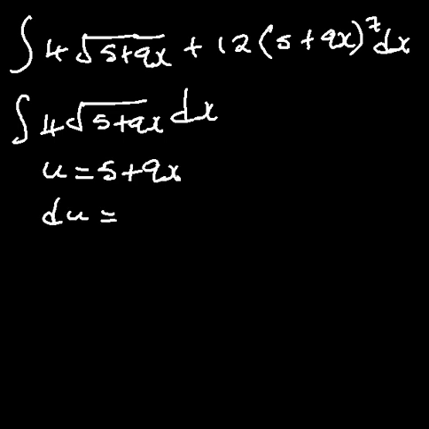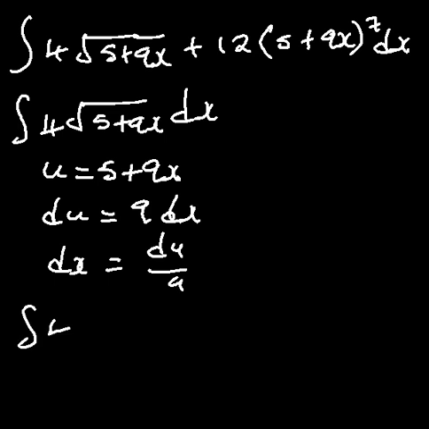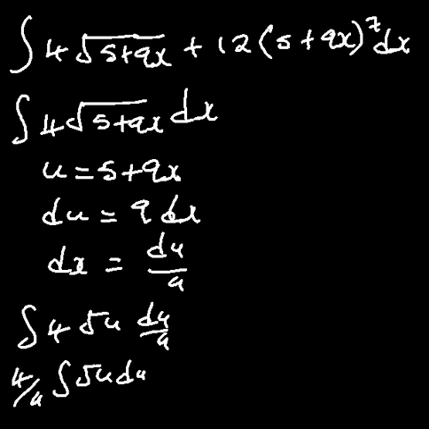And what is the du? We have it as 9 dx. And what is the dx? We'll have it as du over 9. So we'll have the integral of 4 square root of u du over 9, which is the same as 4 over 9 times the integral of square root of u du. That is the same as 4 over 9 times the integral of u to the power half du.